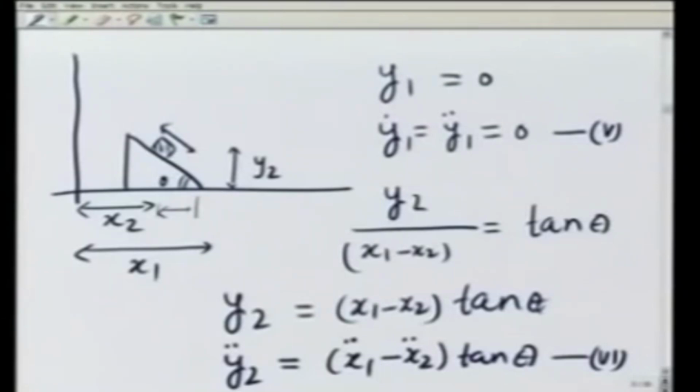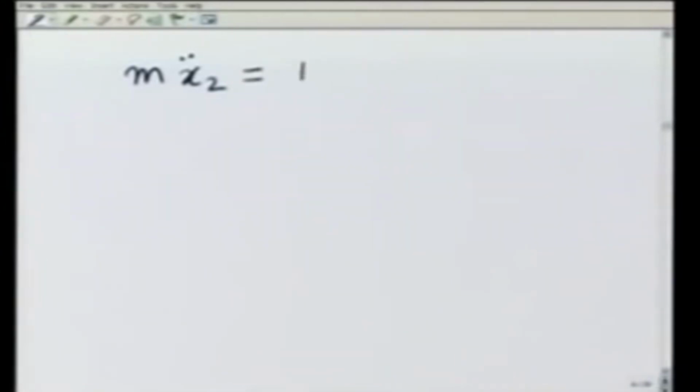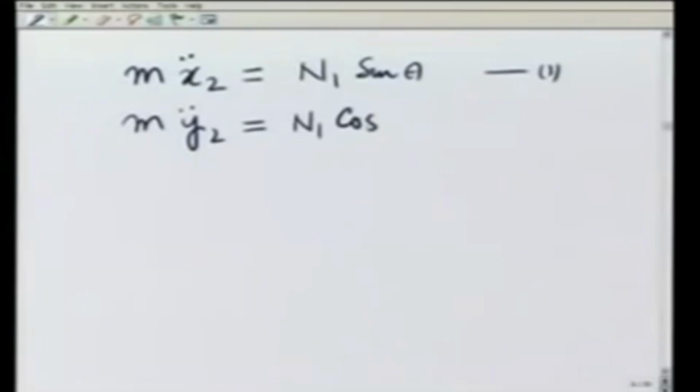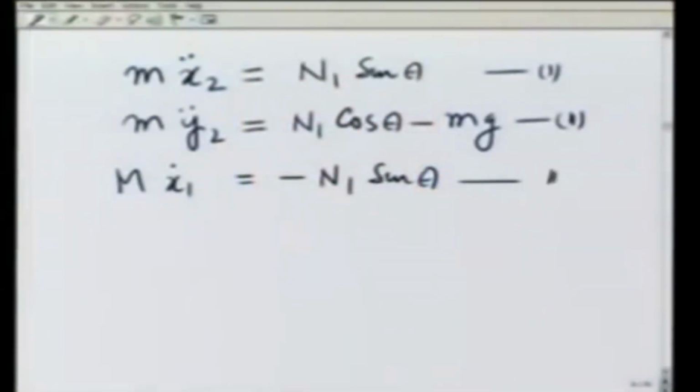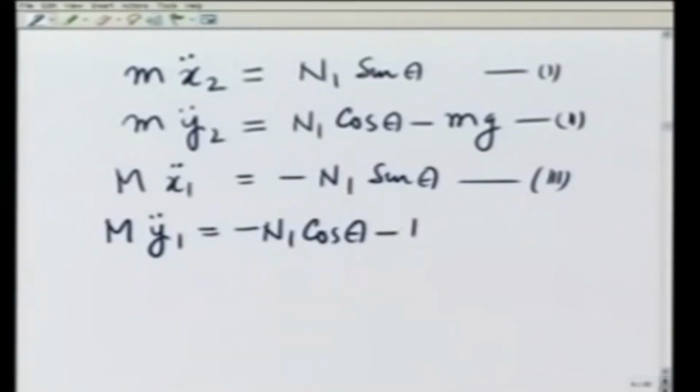Let me rewrite the equations once more. So all the equations are m x2 double dot is equal to N1 sine theta, m y2 double dot is equal to N1 cosine of theta minus mg, M x1 double dot is equal to minus N1 sine of theta, equation number 3, M y1 double dot is equal to minus N1 cosine of theta minus Mg plus N2, equation number 4.